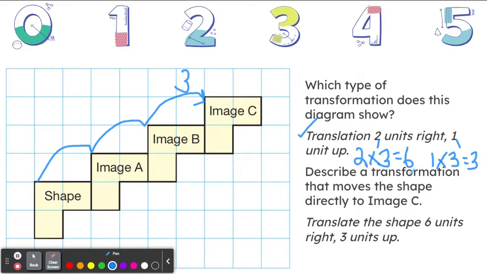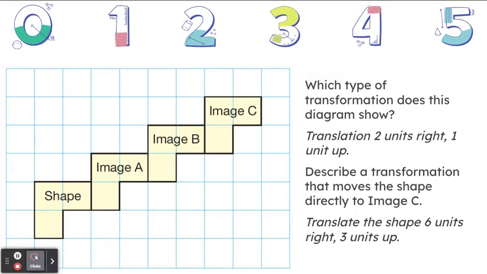Well, that gives us our translate the shape 6 units right, 3 units up. So we can either count all these units 1, 2, 3, 4, 5, 6, 1, 2, 3, or we can figure it out knowing that we're doing this translation 3 times and knowing what the units are for a single translation.